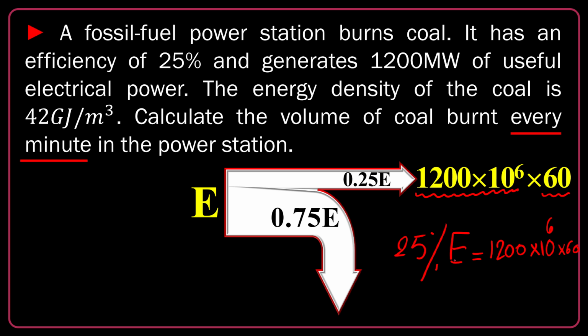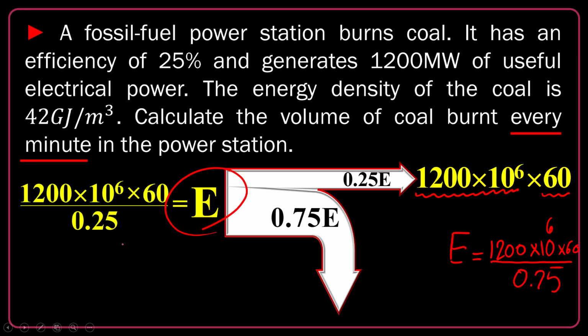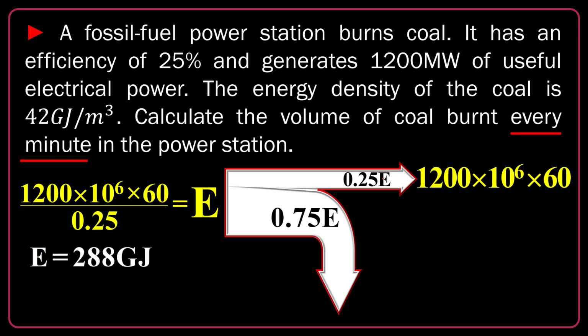How can I find the E? It's very easy. I can divide the right side by 0.25. So to find energy, I can just divide the useful output energy in 1 minute by 0.25. So the amount of energy is this, 288 gigajoule. And here I have already saved a 10 to 9 in form of a giga. Okay? Now let's find the volume.